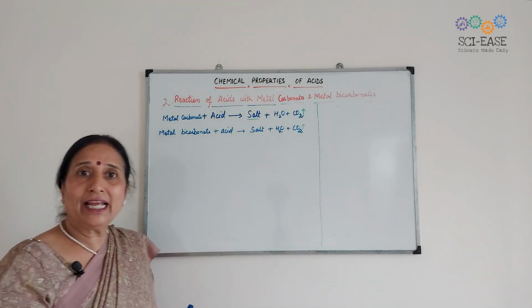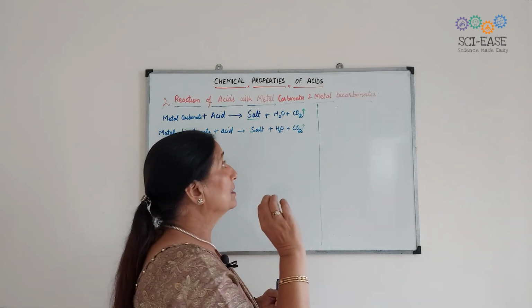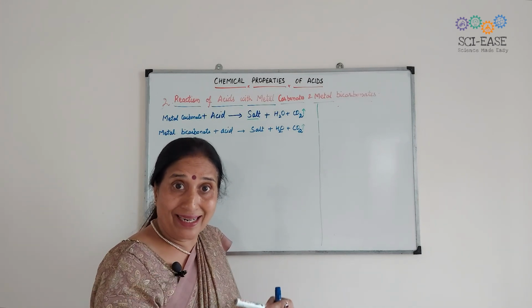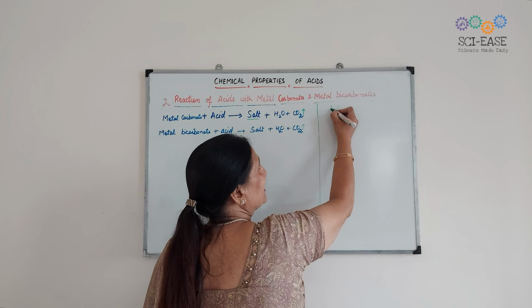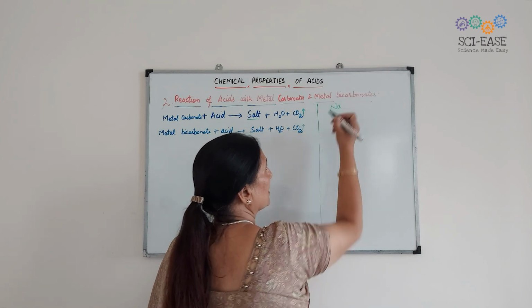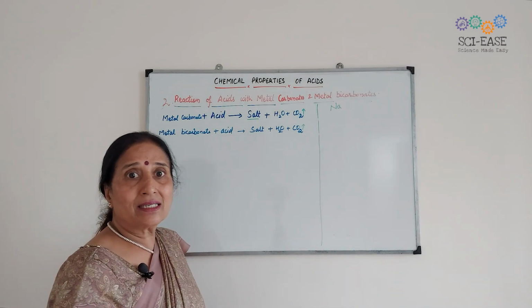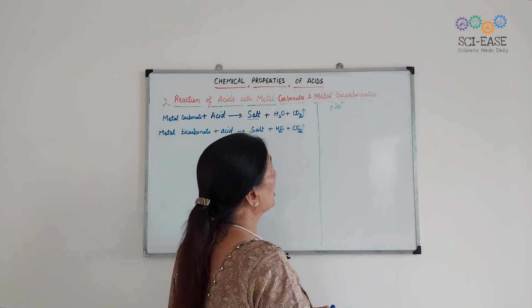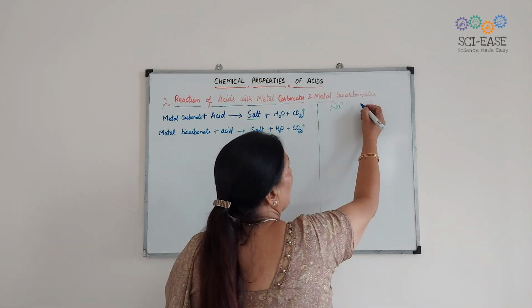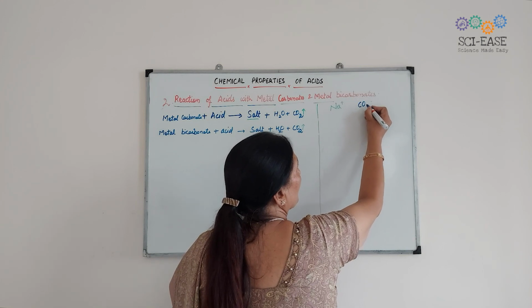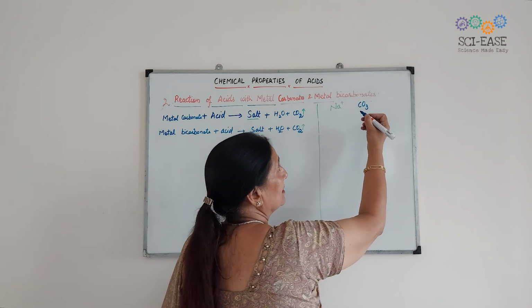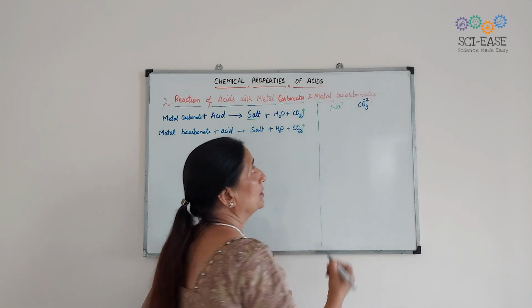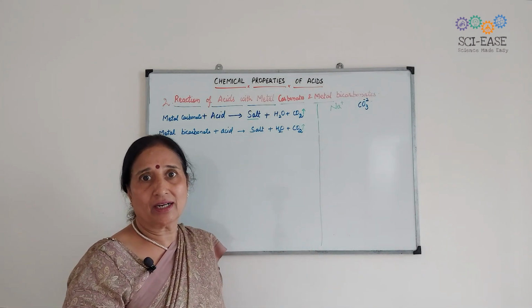First, I will tell you the formula of sodium carbonate, how that is made. Sodium is a metal. It has valency 1. Carbonate has a -2 charge.